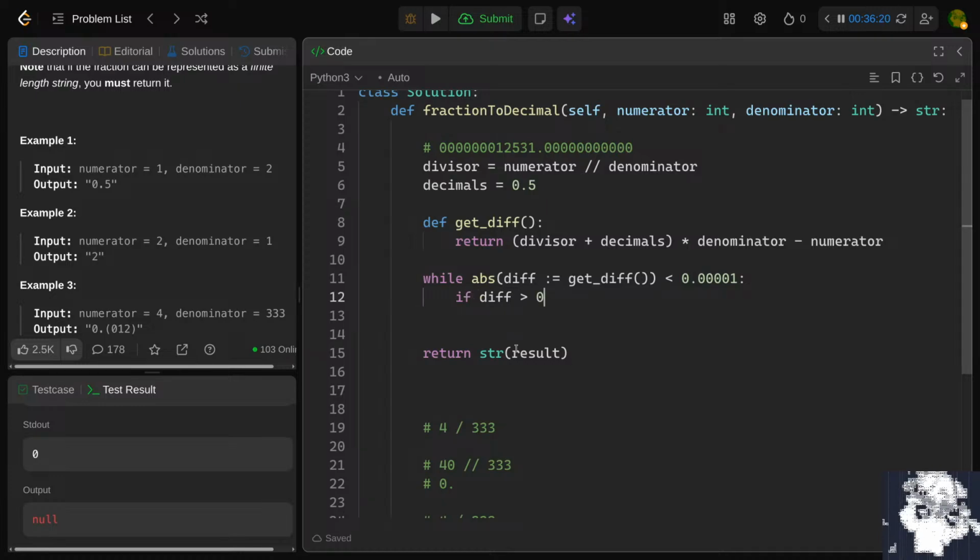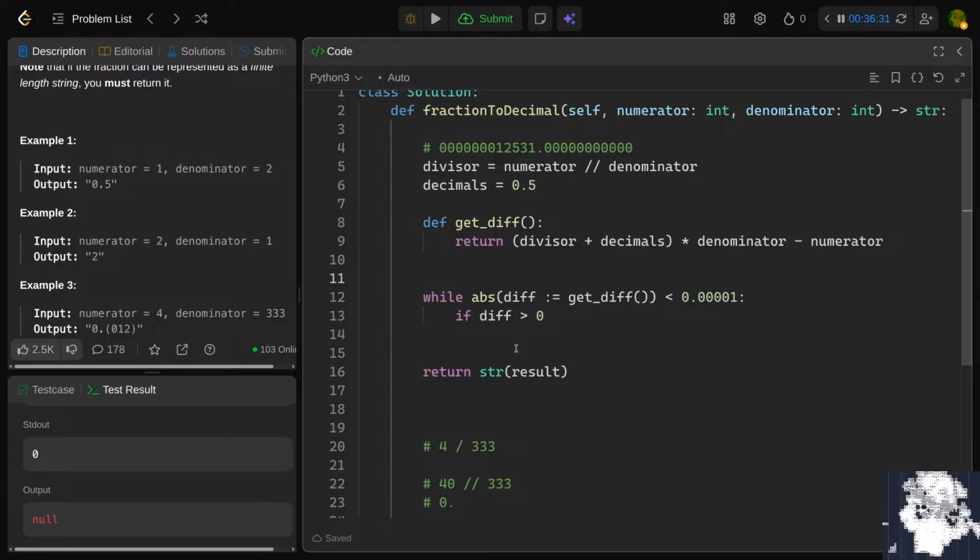If diff is greater than 0, here's where we want to binary search. So the amount that we're adding or subtracting should be changing over time. So I equals 0.